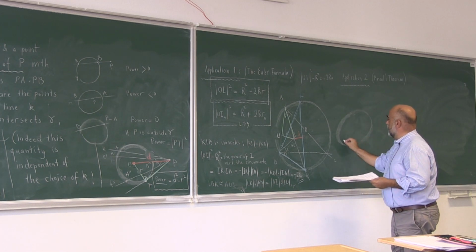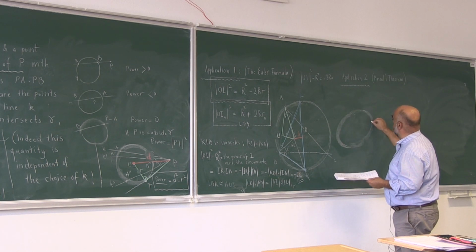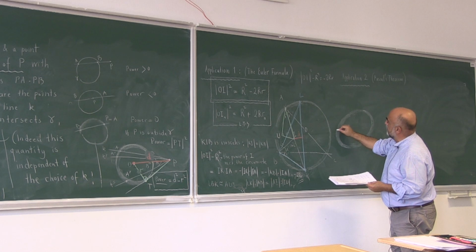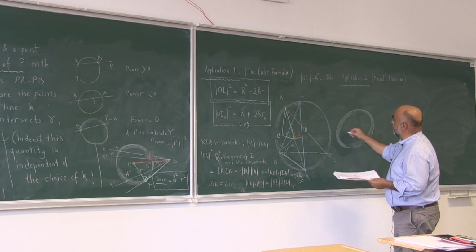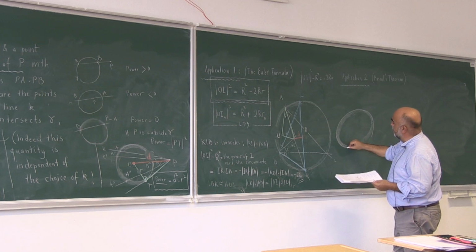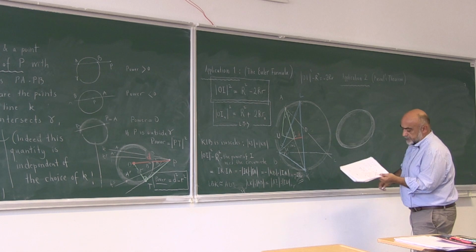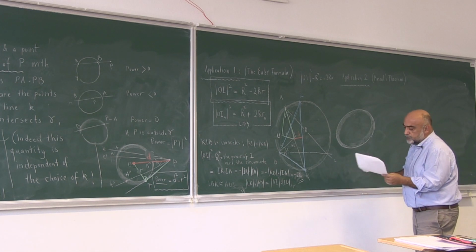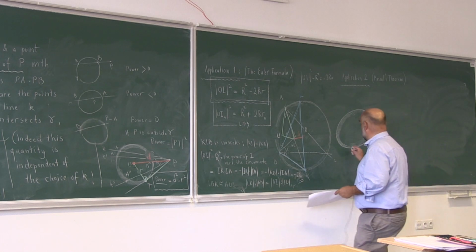Okay, so here is a conic section. What I'm drawing is really an ellipse, I mean, something that looks like an ellipse. And you take 6 points on it, 6 distinct points.